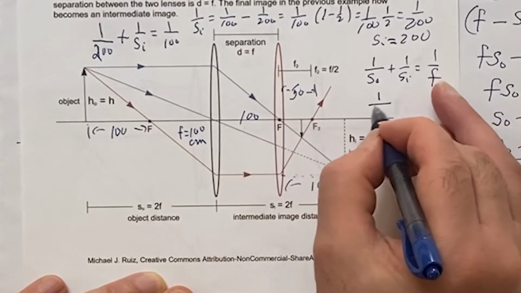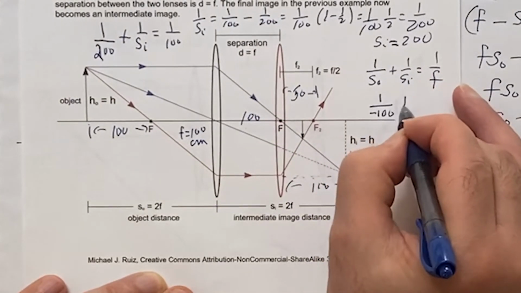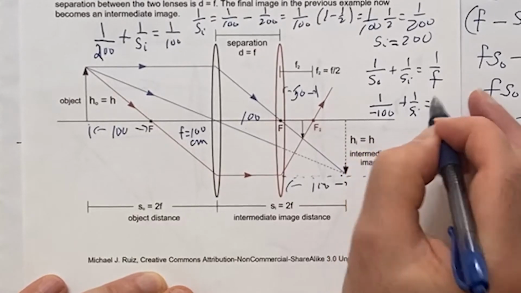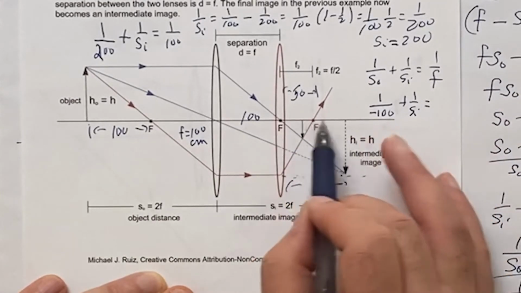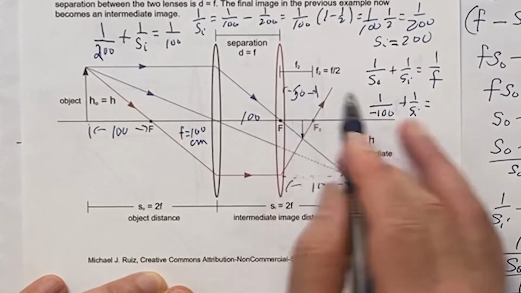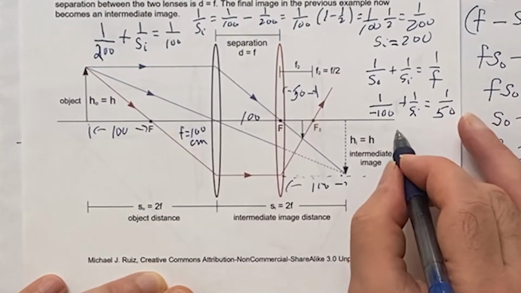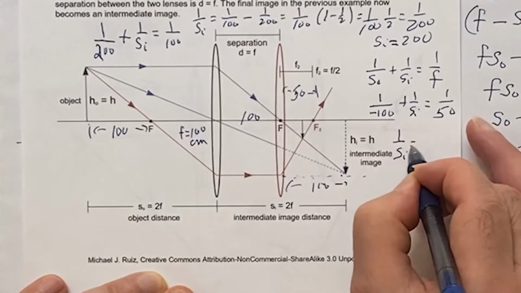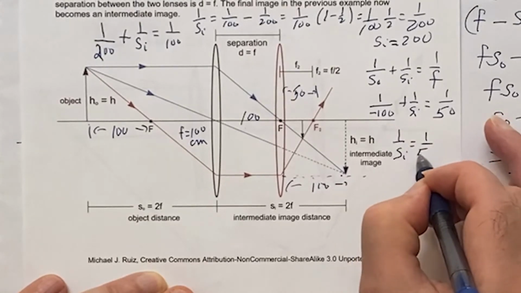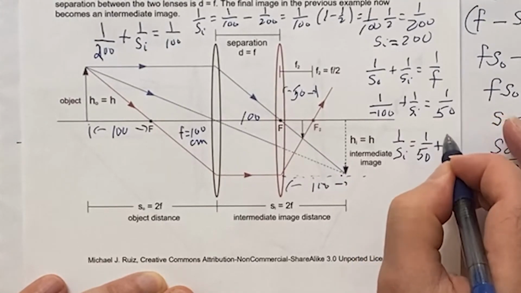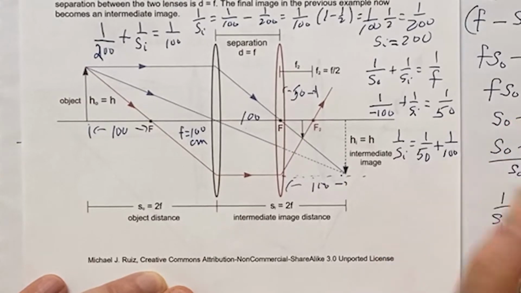Now let's see what happens. I'm going to put a negative 100, and then I have plus 1 over SI. The focal length of this second lens is 50, because we picked it to make the numbers easy to work out. So 1 over SI is 1 over 50 plus 1 over 100.